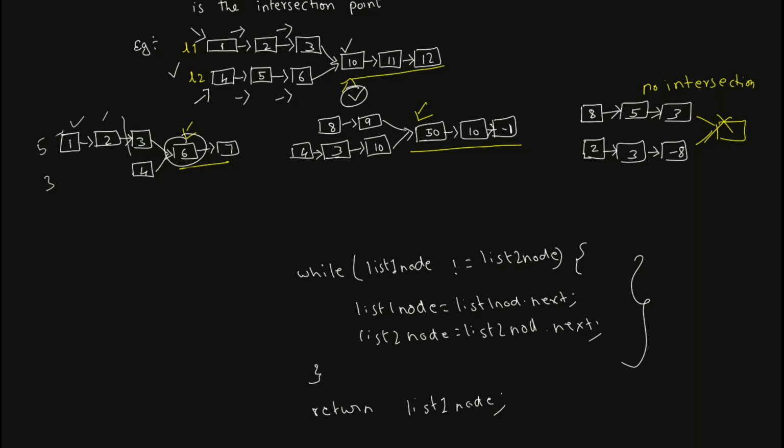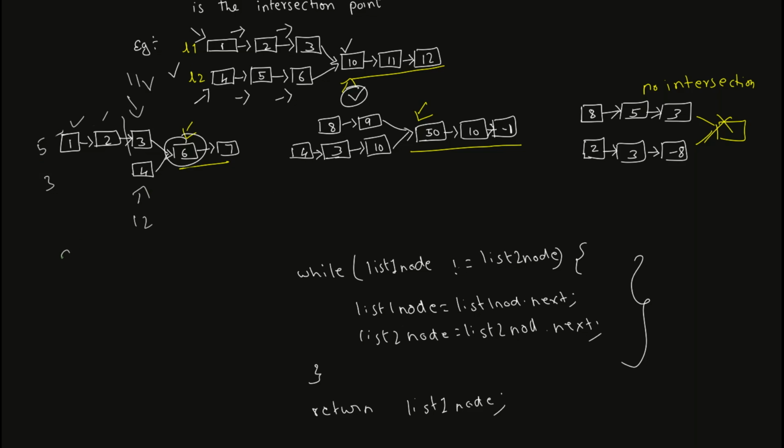Another approach is starting the L1 iteration from the 3 and the L2 iteration from the 4. I think this would be the best approach. So how can we do that? For that, we need to find the difference between these two lists.